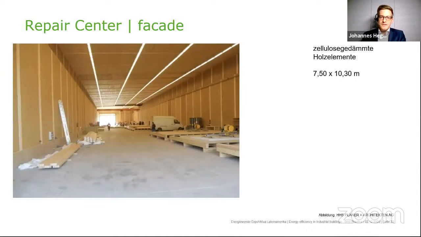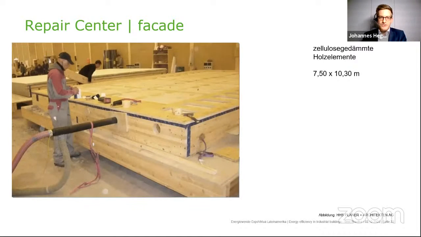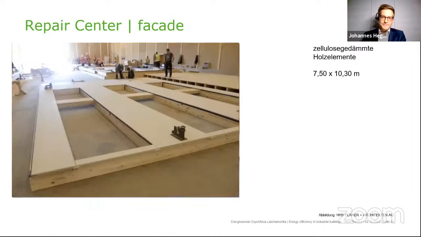To do this, the construction company built a small building next to the construction site, and they built these huge modules there. So here you can see the wooden modules and how they were filled up with insulation material.